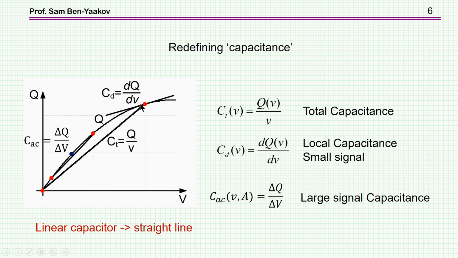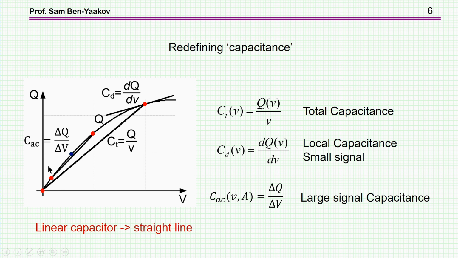Obviously, this is a function of the voltage. Any given voltage on this curve will have a different slope. Same goes, by the way, for the total capacitance. All are voltage dependent. And there is another definition here that I'm adding, which is a large-scale one, which means that suppose this is the operating point, and then the signal, the voltage is high, so you go on the curve this way.